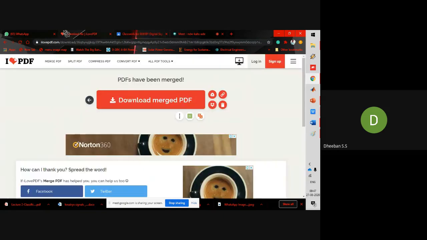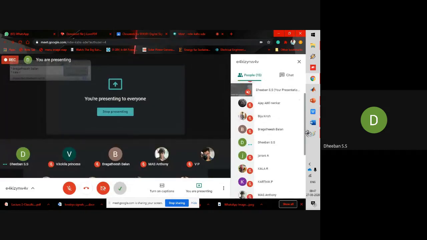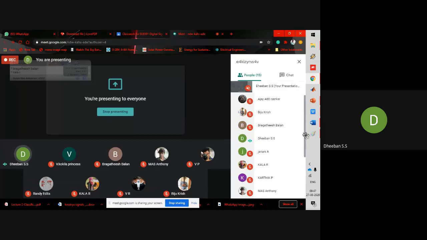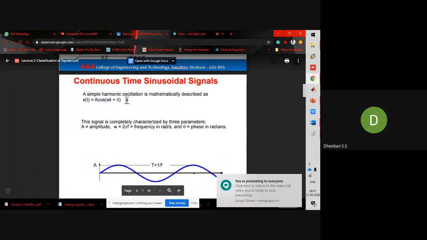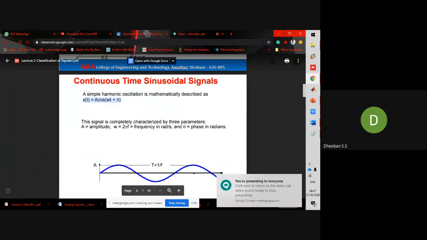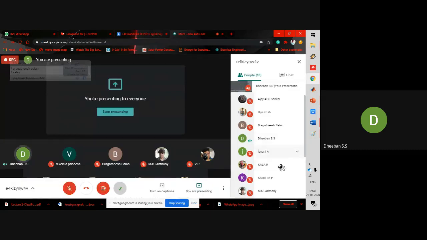Can anybody say, or do I have to point out? Janani, can you say it? Looking at the equation, what can you infer from this equation x of t equal to A cos(omega t plus theta)? Janani, is she online?